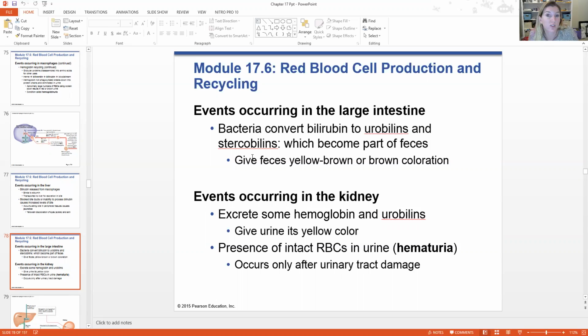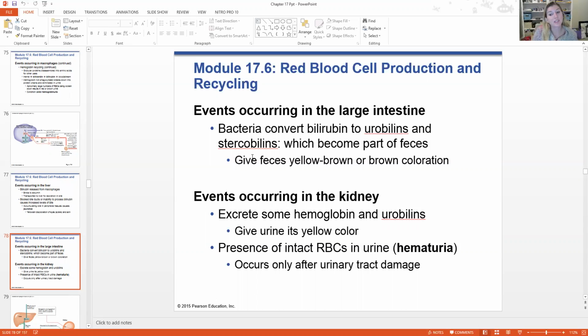There's also some events that occur at the kidneys. So sometimes our hemoglobin is floating around in the blood, and that is going to be basically absorbed at the kidneys and eliminated at the kidneys. This can give urine its yellow color because the kidney is going to convert the hemoglobin into something called a urobilin.